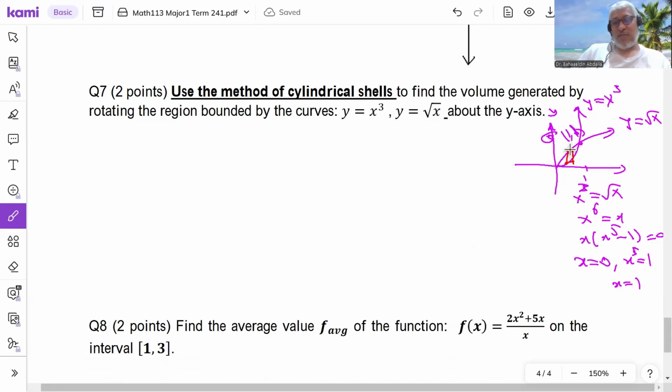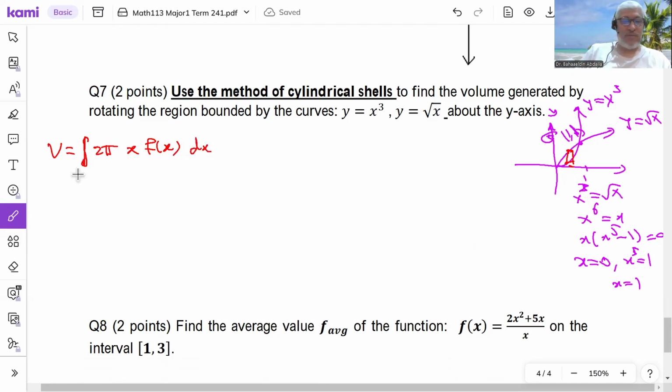So when you rotate the vertical rectangle, you will get a cylinder. And the width of the rectangle here is dx because it's part of the x-axis. So the integral would be integral 2 pi. The radius here is x, not y, because we need dx. f of x, not f of y, dx.